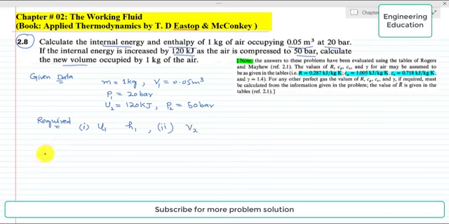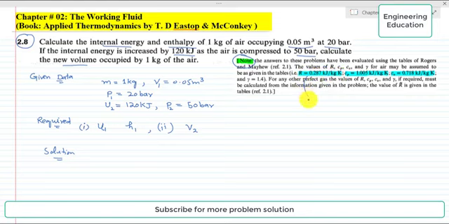So coming to the solution of this problem, we will need some other supporting values which are given in the note at the start of the chapter 2 problems. We will use the value R, that is the specific gas constant or particular gas constant, and its value for air is 0.287 kilojoule per kilogram per Kelvin.